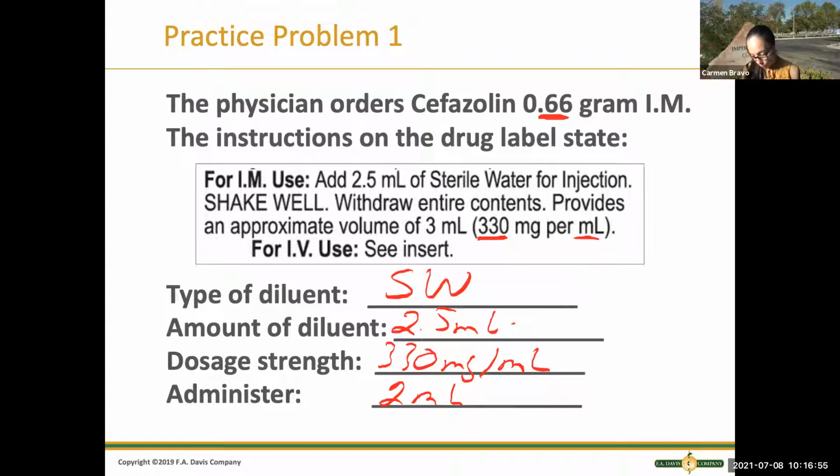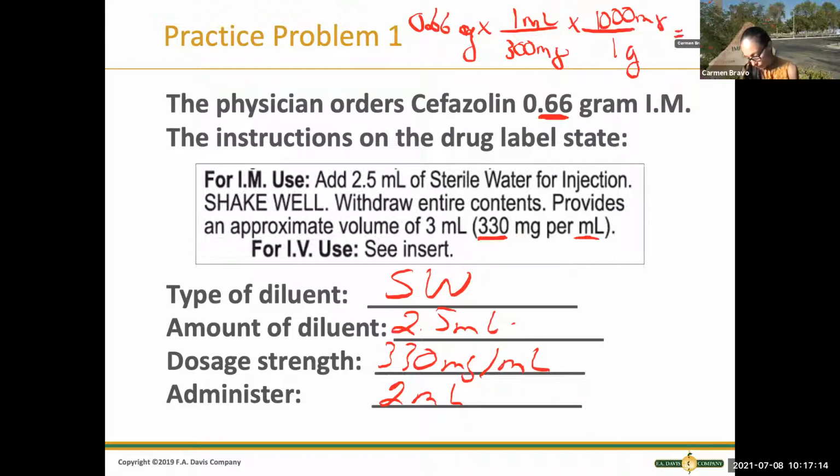But if we were to plot it here, it's a gram, we would have to do the whole thing.